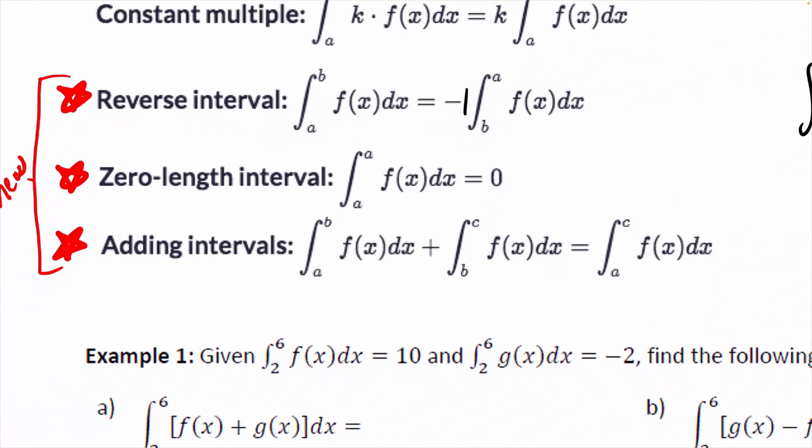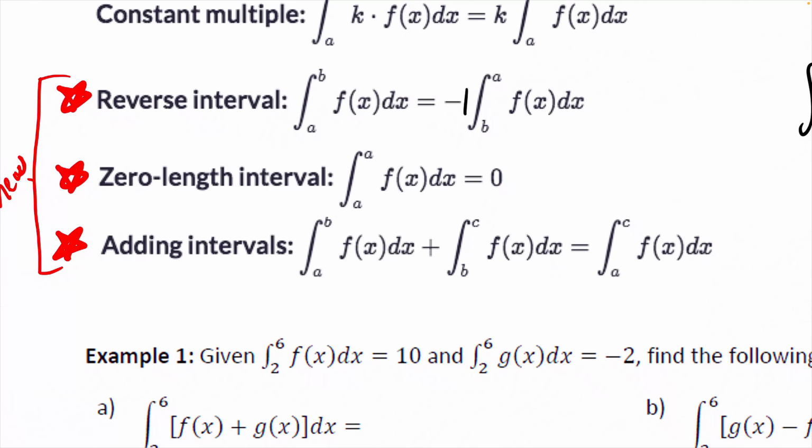Okay, and then the last one, you can kind of see from A to B, same function, right? These are all the same function, f of x. So from A to C, you can break up into 2 smaller pieces, A to B, and then it picks up from B to C, right?